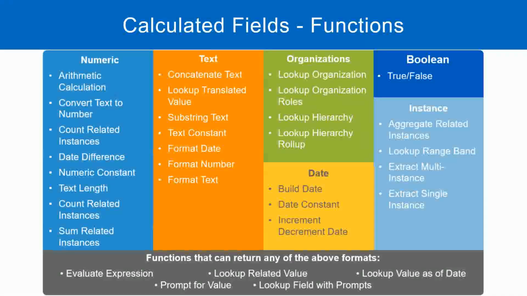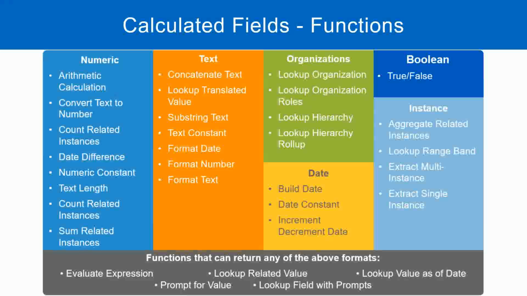Now, for all of these, these are your different functions that you have. And they are grouped together based on the output that they are going to create. So arithmetic calculation, of course, will give you a numeric field, right? Converting text to a number, you're converting a text field to a numeric field.